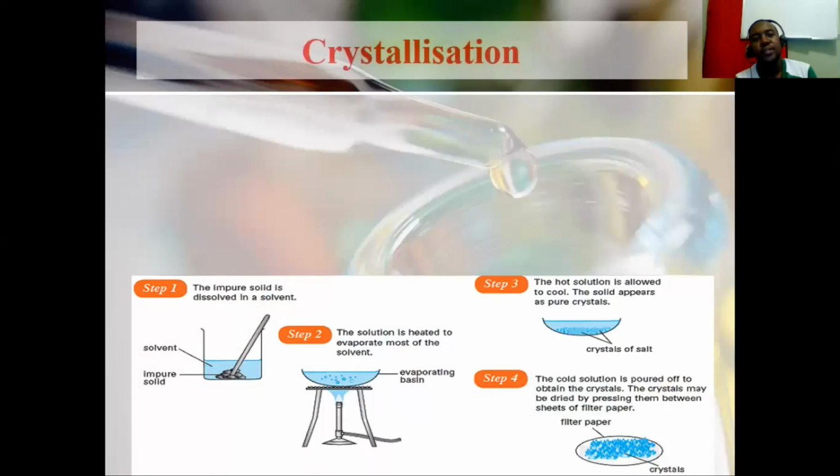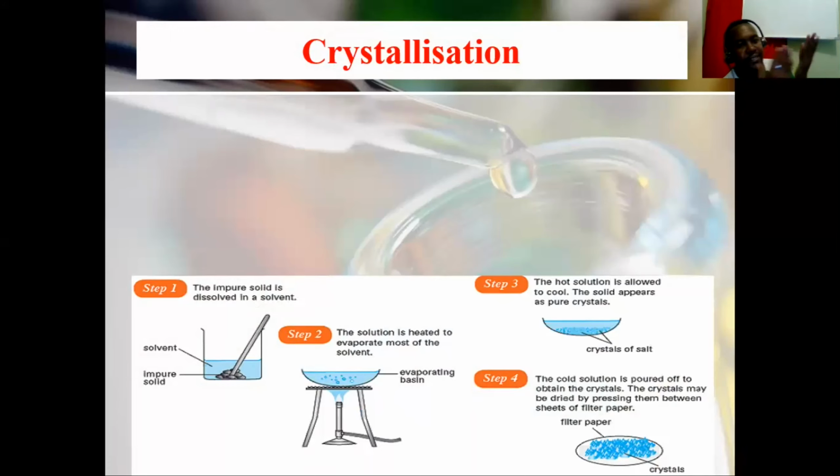All right, so this one now is crystallization, right? So crystallization is the same as evaporation, right? But in this case, we want the solid part. So let's say we have salt and water, and we need the salt from the water. After we mix the salt water, we want back the crystals from the salt from that mixture, right?